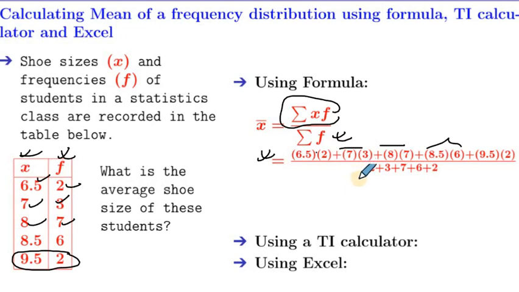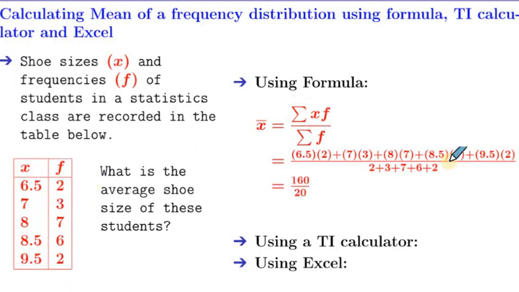For sum of f, we add all the numbers in this column. On adding all these numbers, we get 20 in the denominator and 160 in the numerator, which is equal to 8.